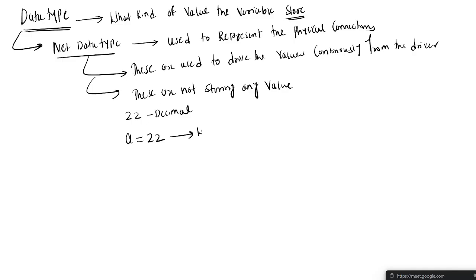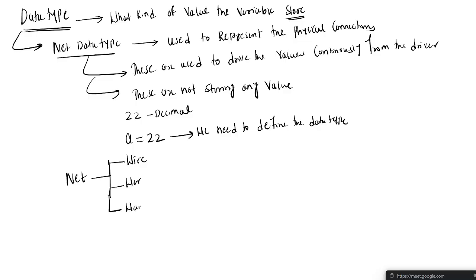So we need to define what type of data type it is. For this we are using net data types. You have three types: wire, var, and van. These are the three types of data types.